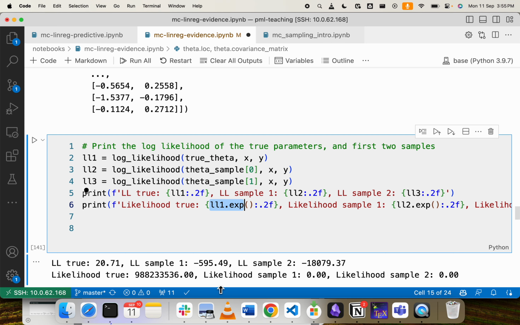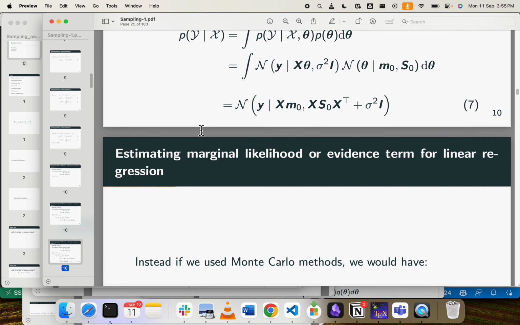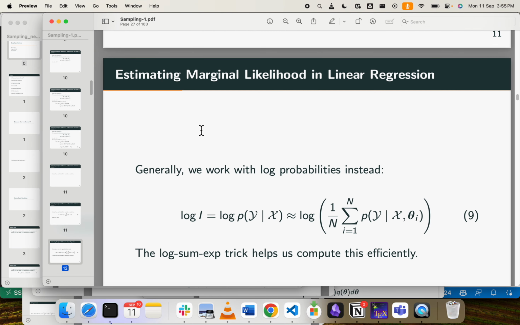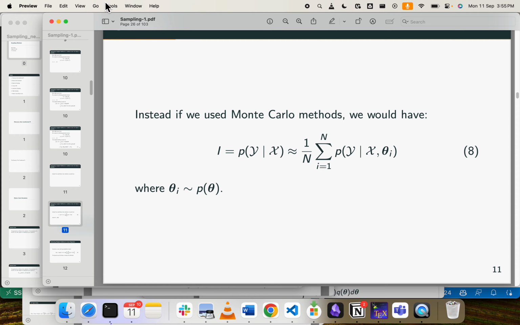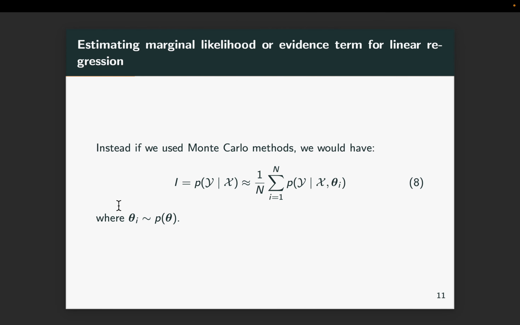So, with this context, let us go back to this slide, right. P of y given x comma theta I, we are not able to compute this. Instead, we are able to compute log of P of y given x and theta I, right. But I wanted to compute I, or I wanted to perhaps compute log of I. So, that is a hint.